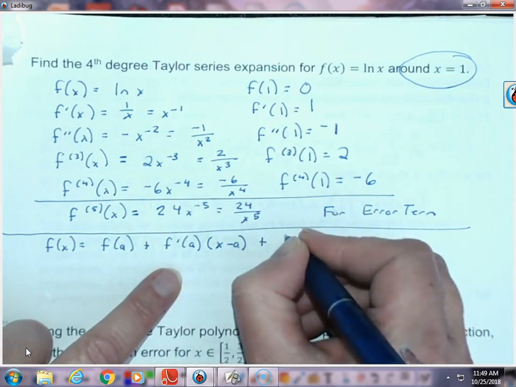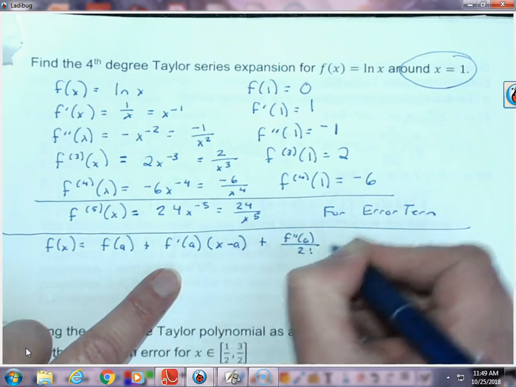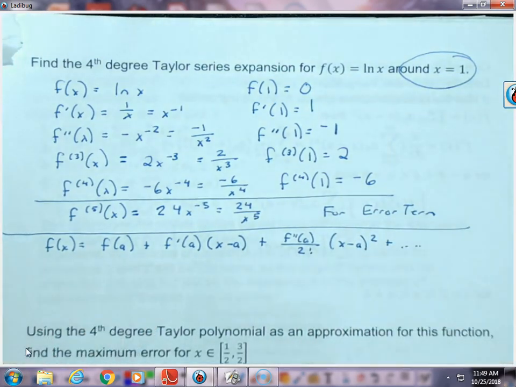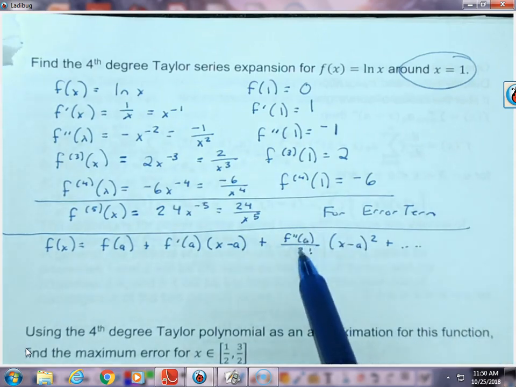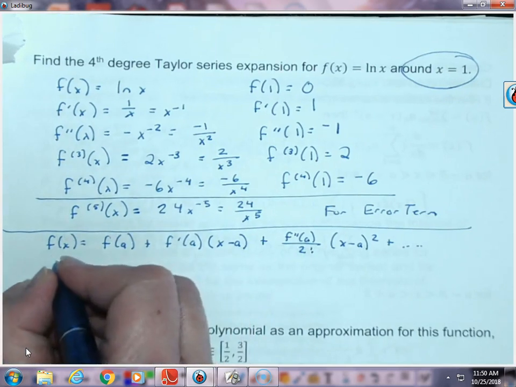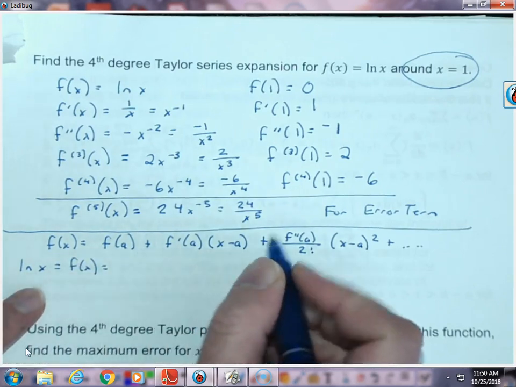So this would be f double prime of a over 2 factorial, x minus a squared, dot, dot, dot. Okay, so that's from the formula sheet, with the exception that I like to write that as a coefficient. So for me, ln of x, which is my f of x, all my a's are 1.